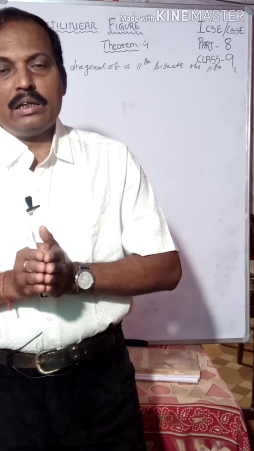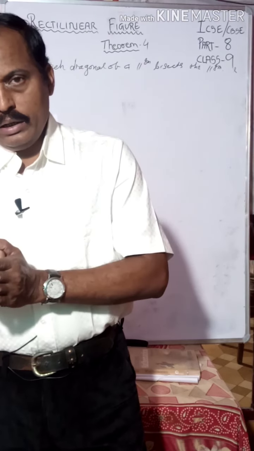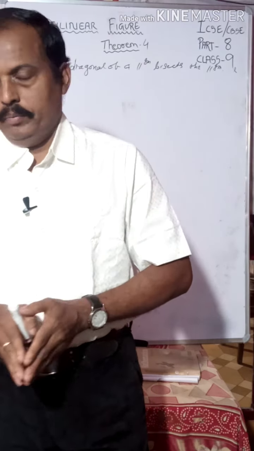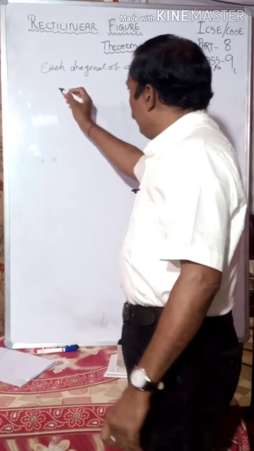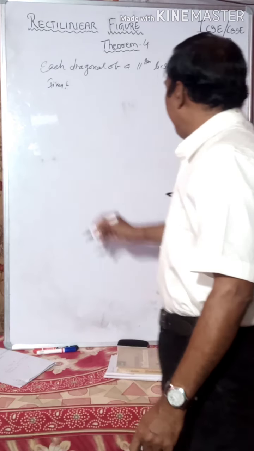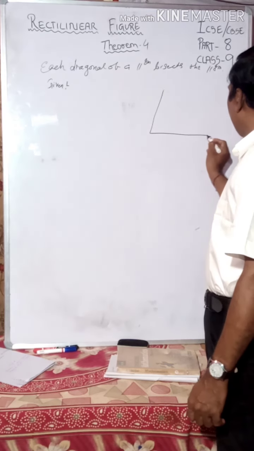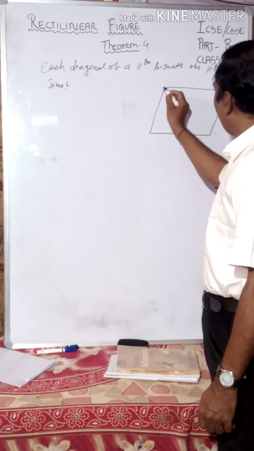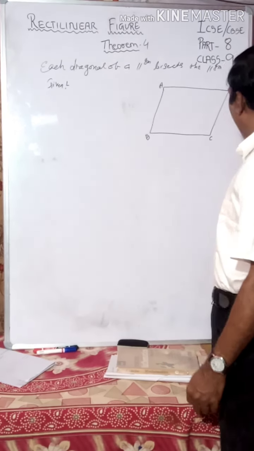Both triangles are congruent to each other. If they are congruent, their areas are also equal. So now find out. There is a given point. Here is a diagram. A parallelogram is given. This is a parallelogram; in the previous theorem there was a quadrilateral, but here it is a parallelogram.